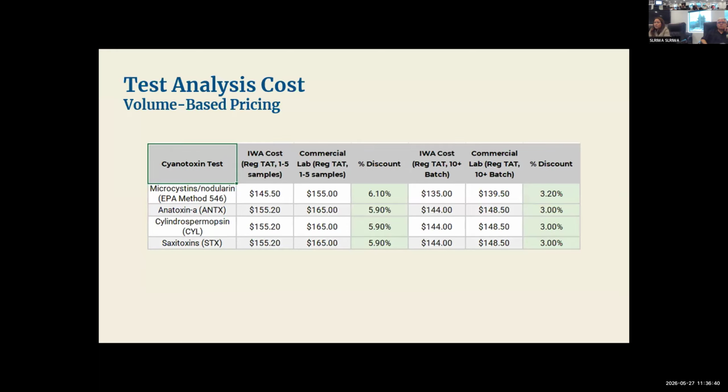And for batches of 10 or more, our rate drops to $144 compared to their $148.50. So our goal is simple: to stretch your budget so you can test more frequently without sacrificing data quality.